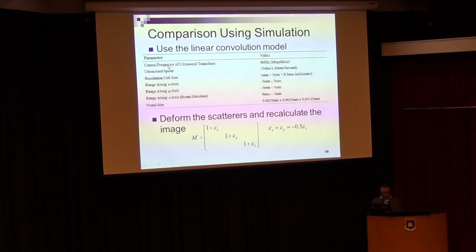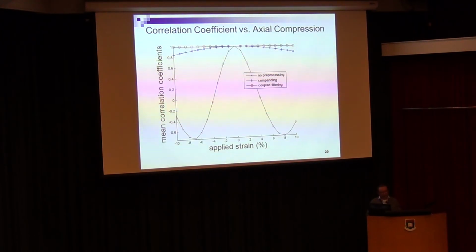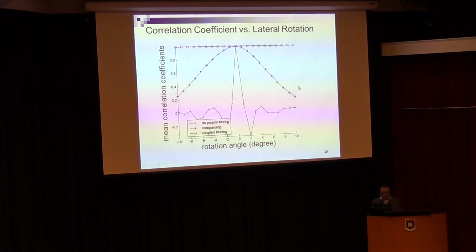And then we did a simulation. We checked the signal quality. The correlation coefficient should be 1 if the signal is perfectly matched. The compounding method will degrade, but our coupled filter method will not degrade.